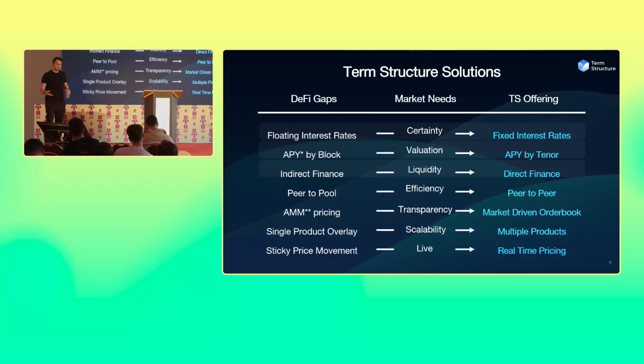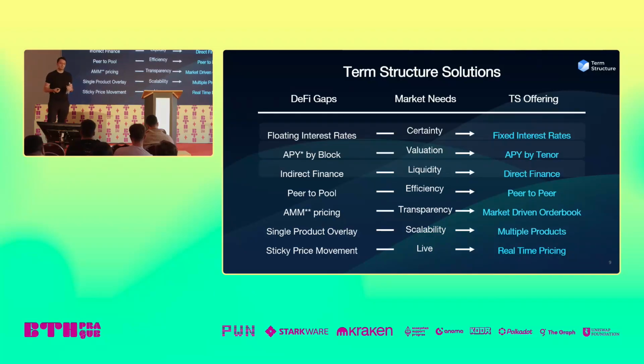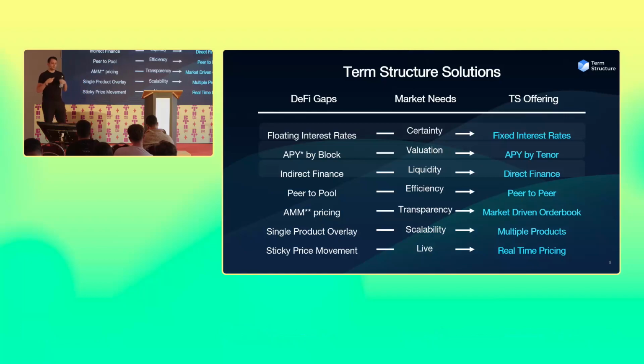Whereas if it's a market-driven order book and people put in bids and offers, that actually means that stuff has transacted there, and that is the real and correct price. And I think all these things make DeFi very hard to scale. And the idea is to improve on that scalability and build multiple products.